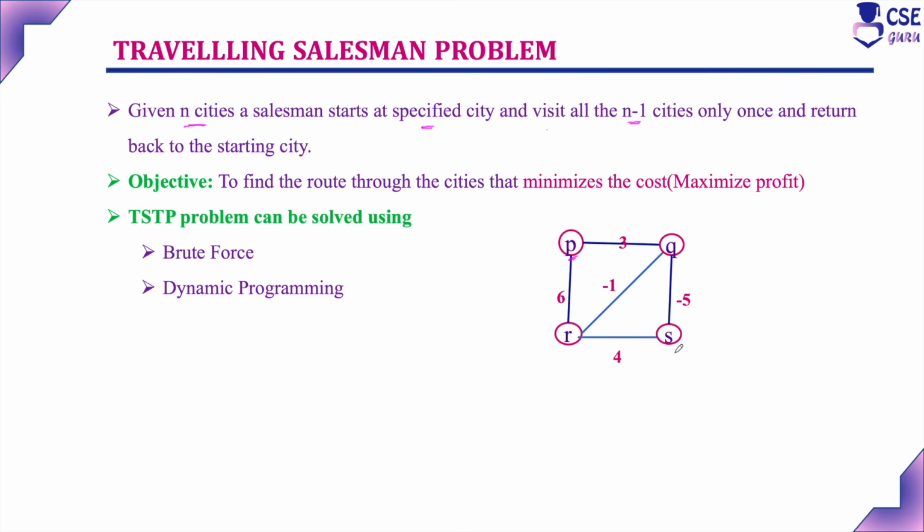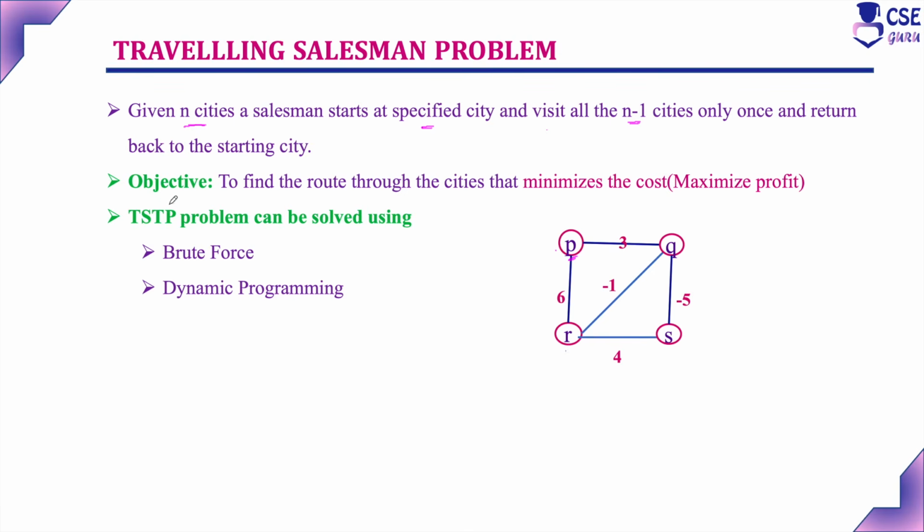Here there are 3 other cities apart from P: Q, R and S. Visit all the n-1 cities exactly once and return back to the source city, that is, the starting city. That is the traveling salesman problem.